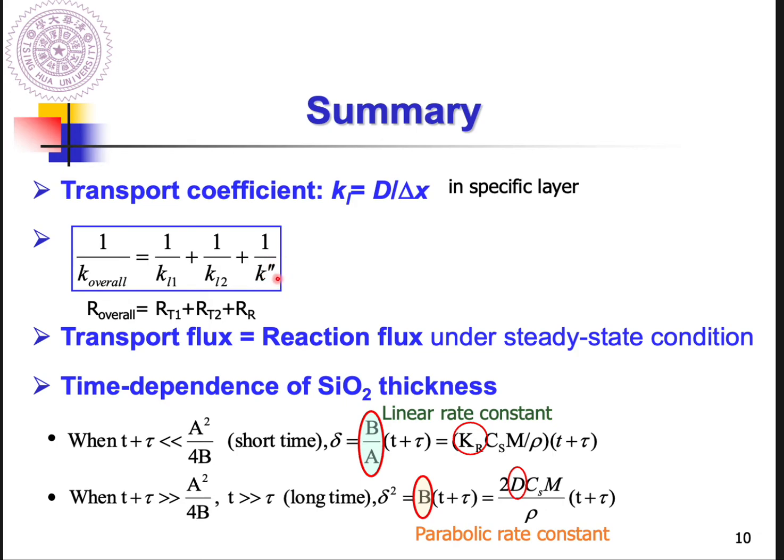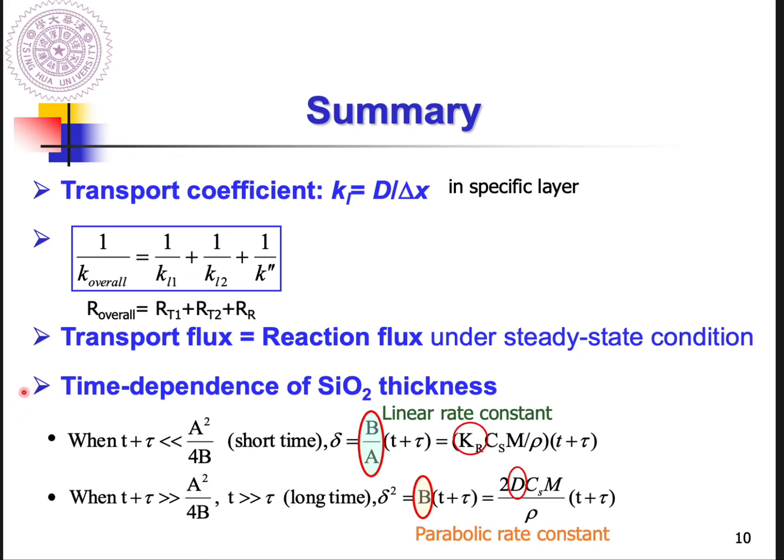To formulate the consumption rate for a heterogeneous chemical reaction, we use a very important assumption: under steady state, the transport flux equals the reaction flux. Then we can successfully get the consumption rate for heterogeneous chemical reactions.